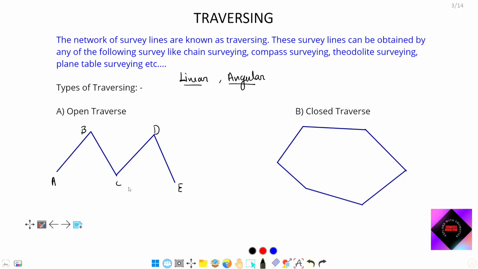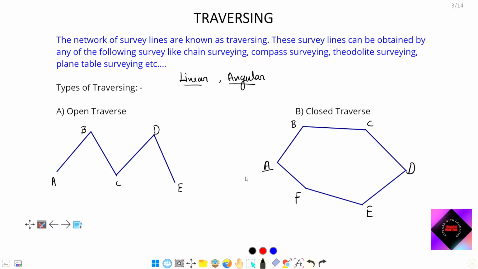If the traverse starts from some point A, B, C, D, E, F, and again ends at the same point A, then it is called a closed traverse. There are two types of traverse: open and closed.